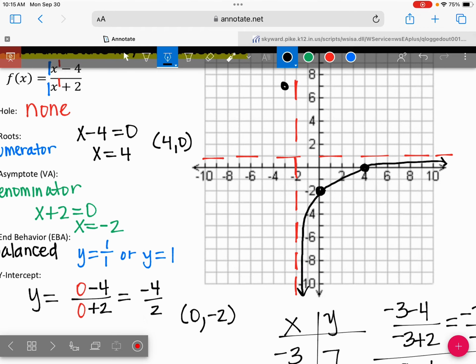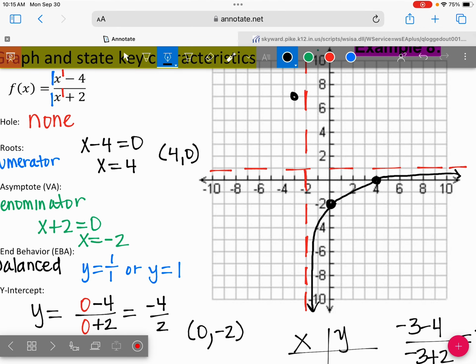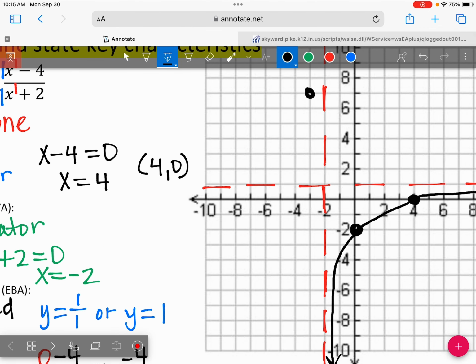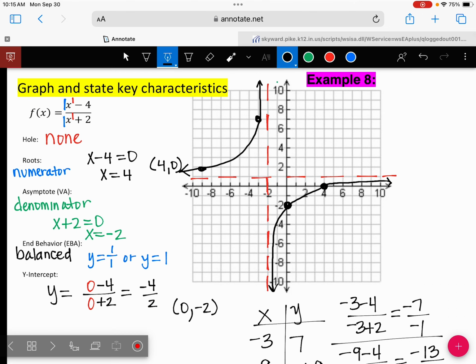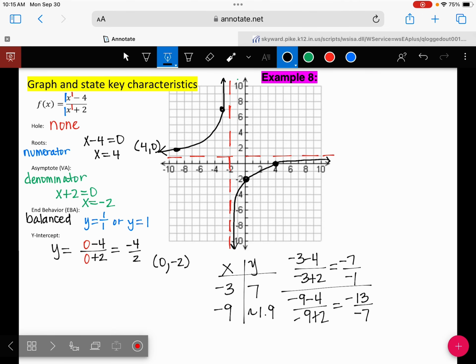So I'm going to plot that point. It's going to be right under the 2. And then we're just going to graph that out. So it just comes through and crosses these points. You can put as many points as you want to. You just want to get the general shape. And that is what your graph will look like.